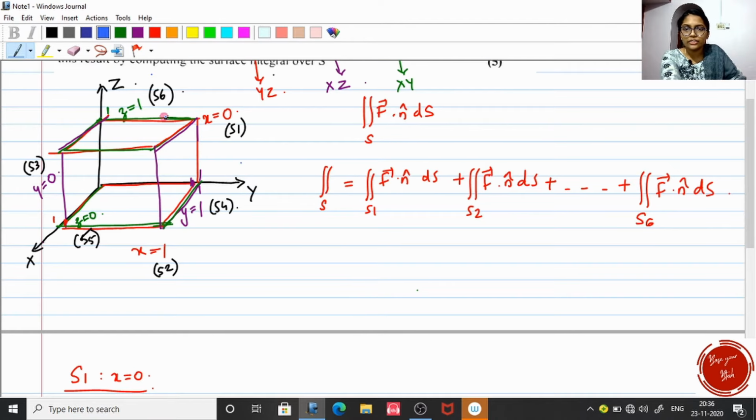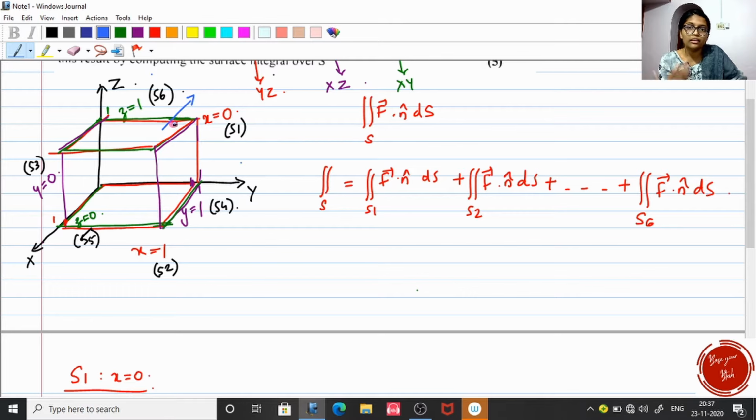So here is your surface S1, which is your yz plane, and the unit vector perpendicular to the yz plane is along the negative x direction, that is, the x direction is in front of the screen, and the vector perpendicular to the yz plane is that way.